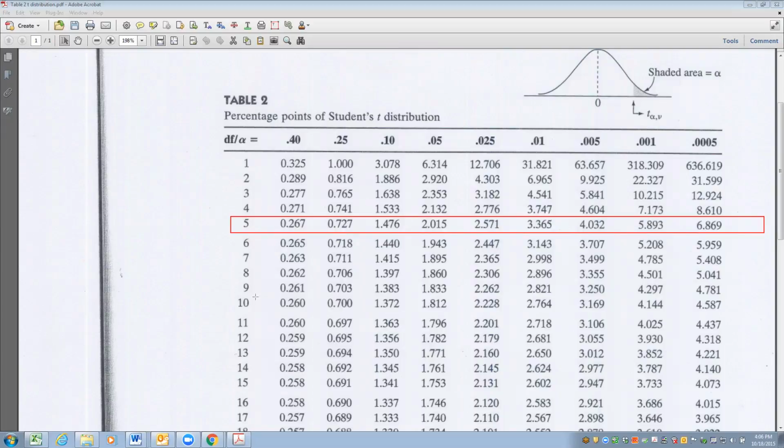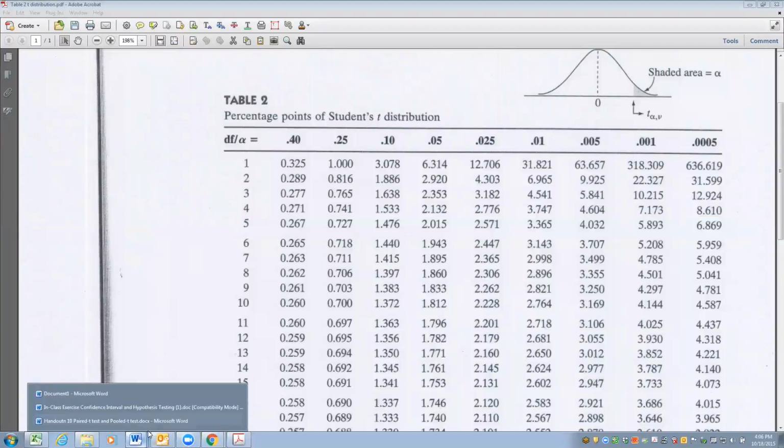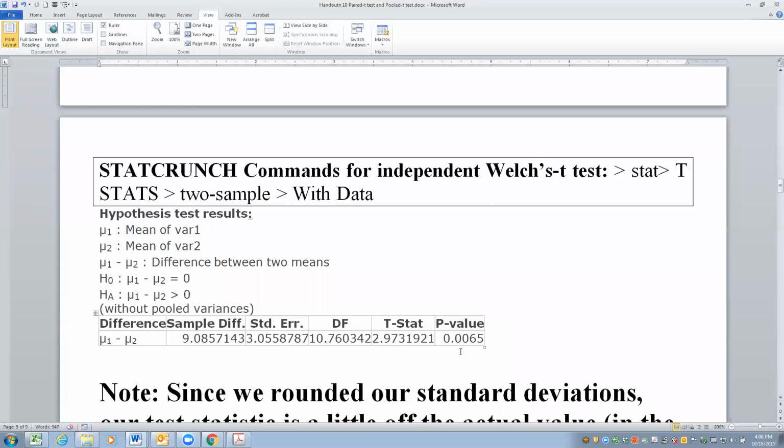I would try to find 2.597, and we would end up with a p-value between 0.01 and 0.025. Here it gave me a p-value of 0.0065, which is outside of that range.